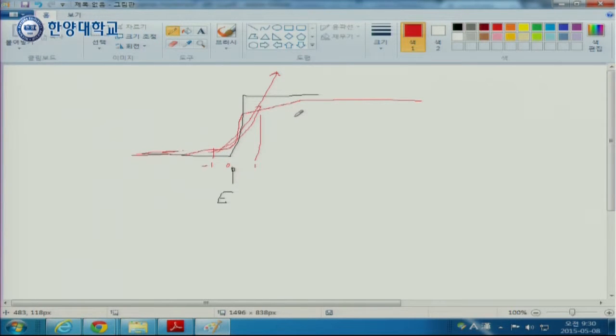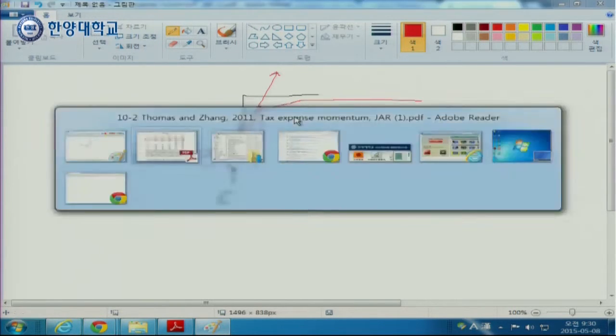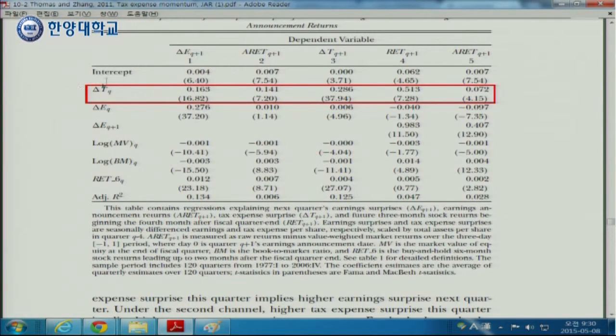It means that even for the same earnings surprise in the future, if there was a tax expense surprise, that earnings surprise is better and generates a higher stock jump.